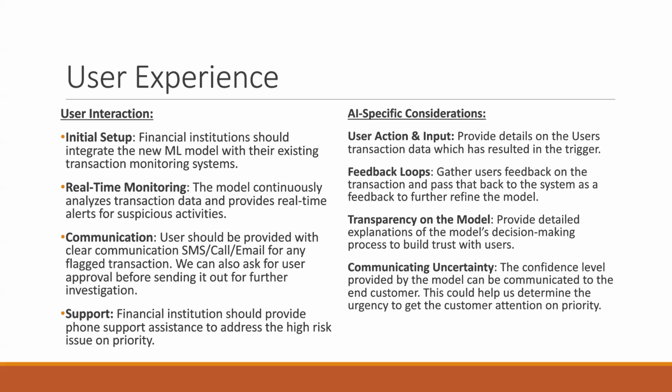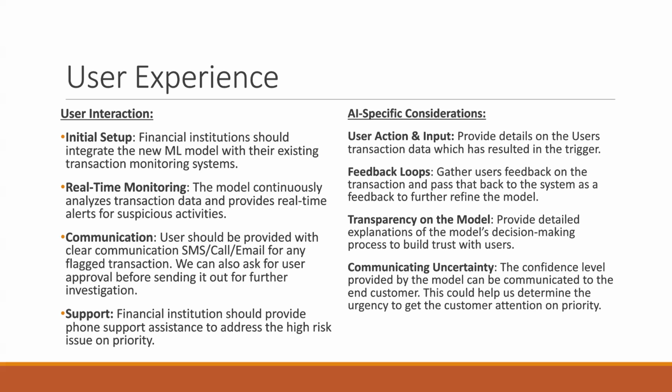So maybe we have an OTP which is being sent to them, which we are trying to get back over here as feedback for validation, to figure out whether it was legit or not. So maybe we can utilize that for refining our model, I would say.